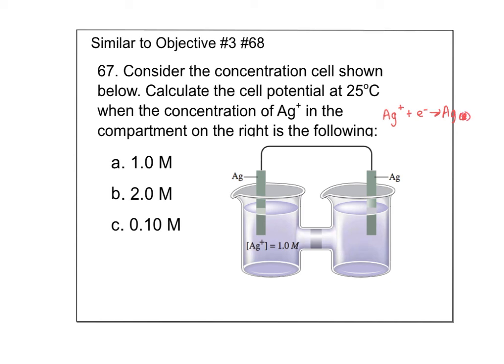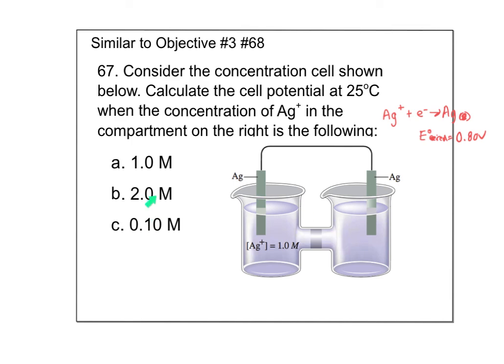And so my first thing, if we have 1 molar and 1 molar, when we take our E cell, because they're both 1 molar, our anode minus our cathode is going to be 0.8 minus 0.8, because the reduction value is 0.80 volts. So 0.8 minus 0.8, that's not going to give me anything, right?